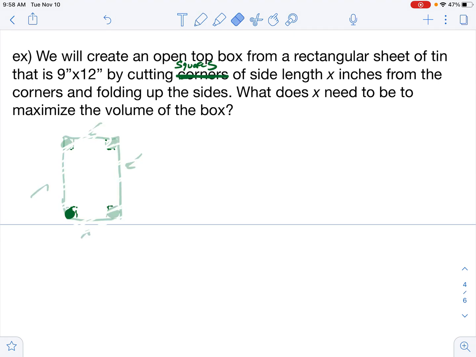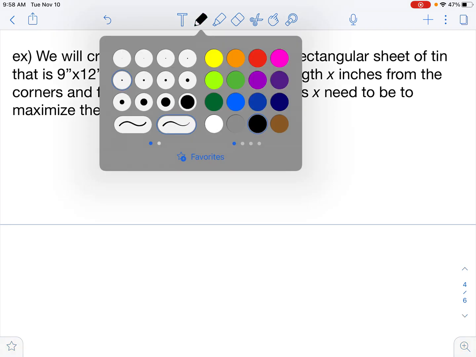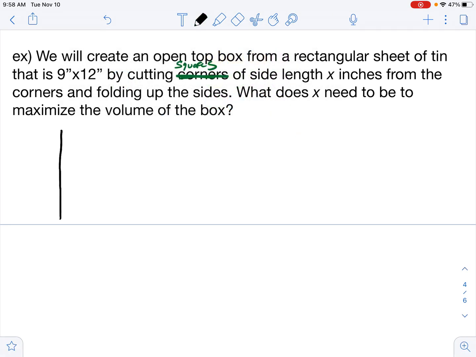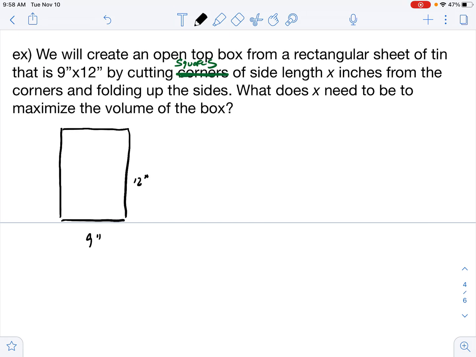Okay? So I'm going to do like a before and after diagram here. All right, so here's the before. We've got this rectangular sheet of tin that's 9 inches by 12 inches, and we're cutting squares of side length x inches from the corners, and then we'll fold up these tabs, these sides.